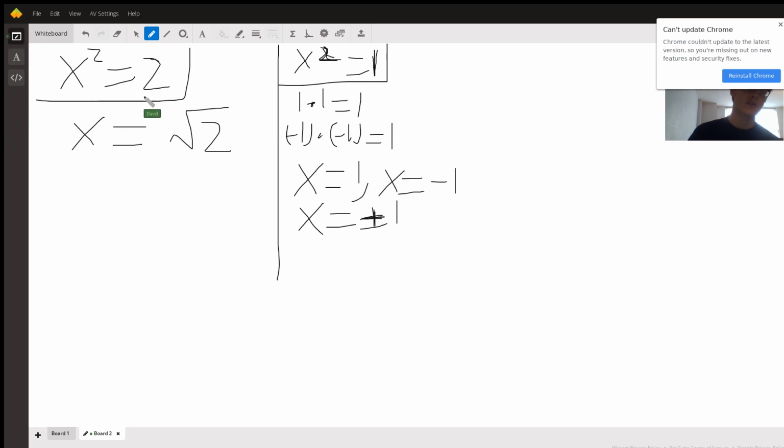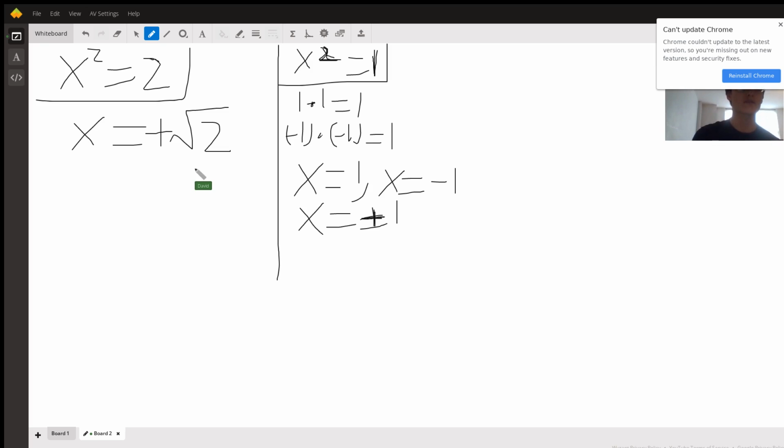X squared equals 2 is similar. It has square root of 2 as a solution by assumption. If you want to prove that the square root of 2 exists rigorously, take a real analysis course in college. It's still going to have two solutions once you assume square root of 2 exists. It has square root of 2 as a solution, and also the negative square root of 2 as a solution.